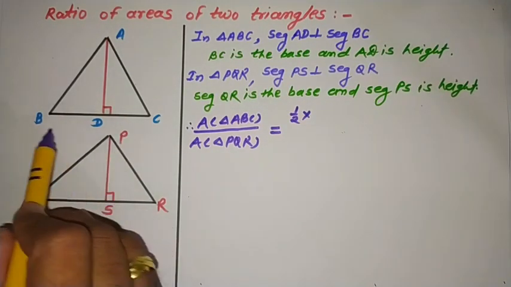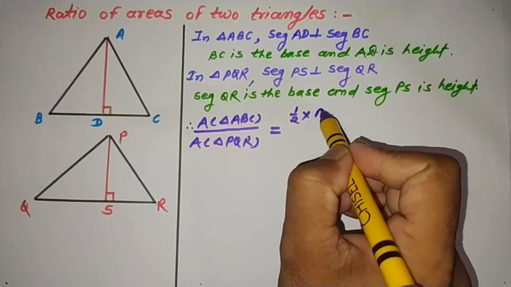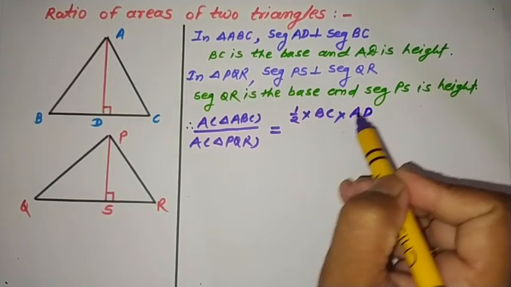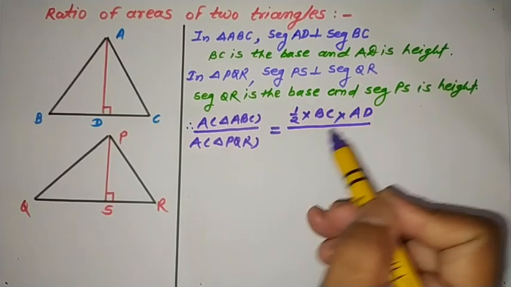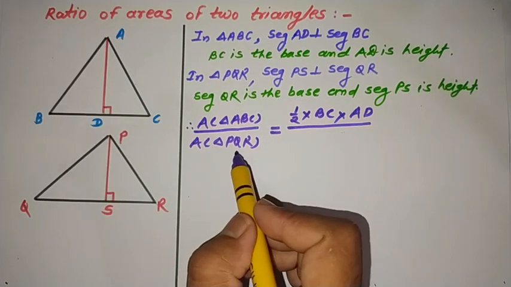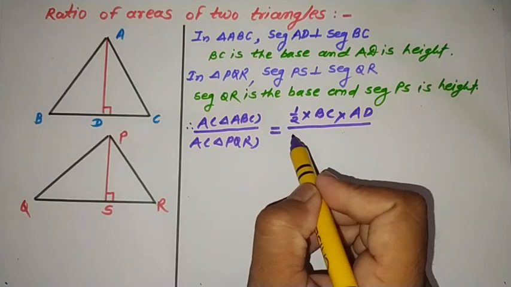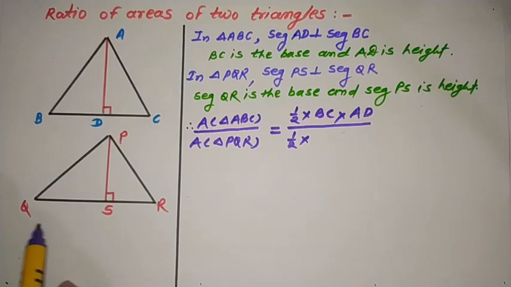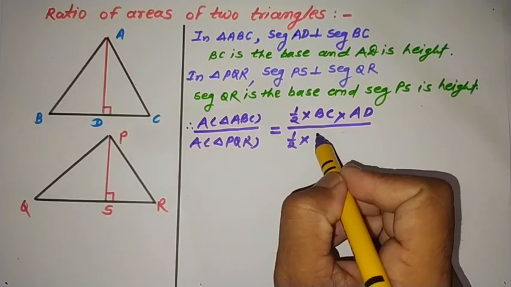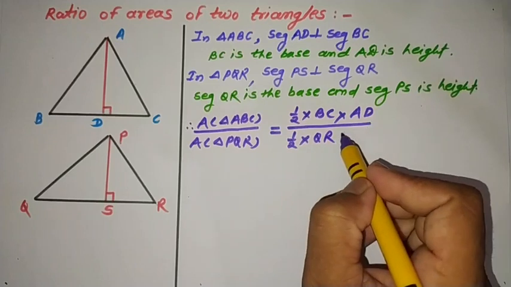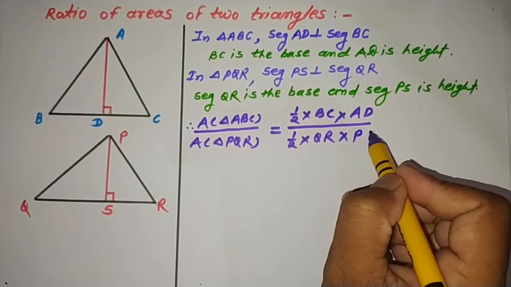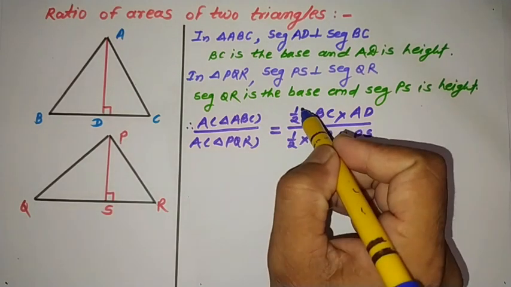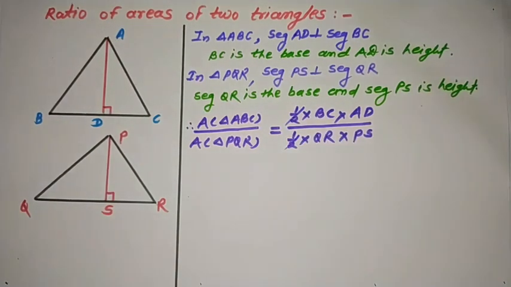In the first triangle, base is BC and height is AD. In the second triangle, area of triangle PQR is 1/2, base is QR and height is PS. In this formula, 1/2 is cancelling.